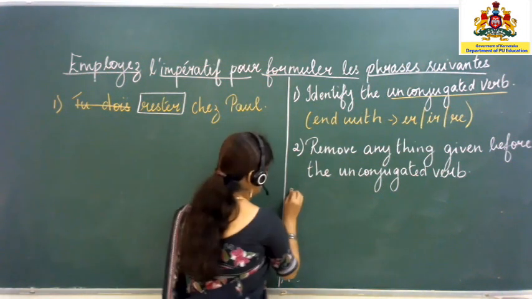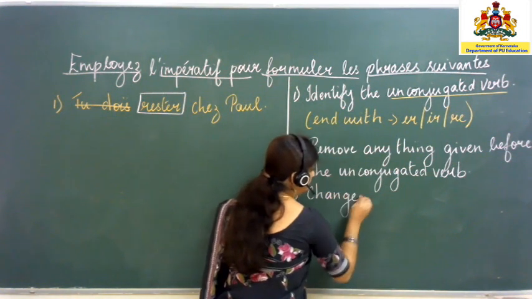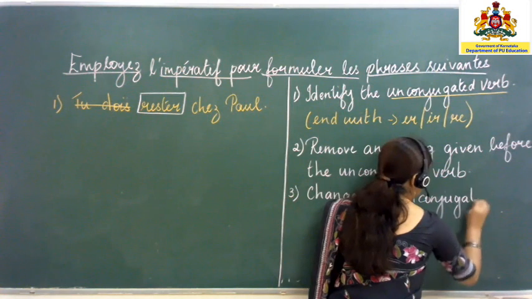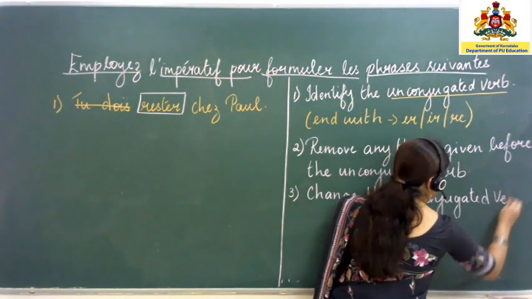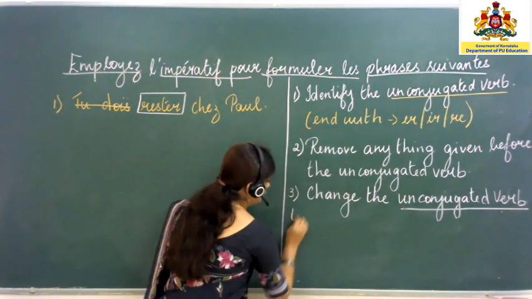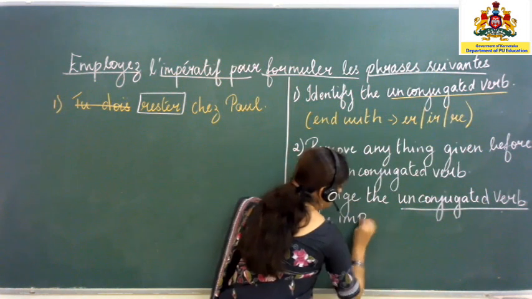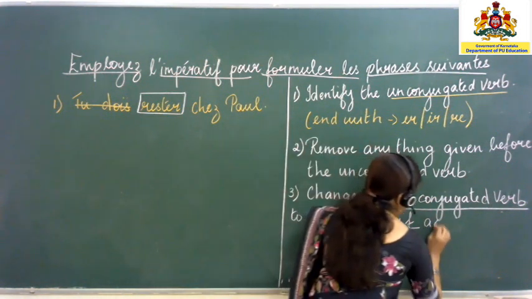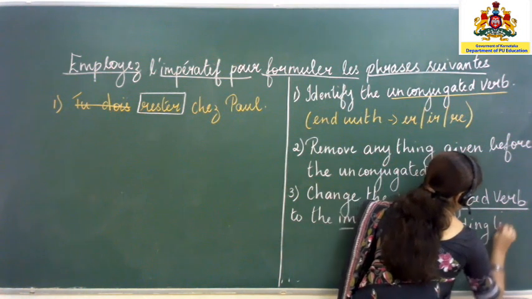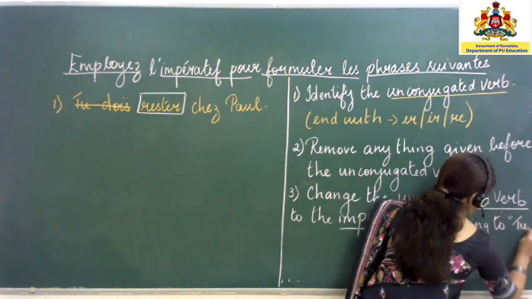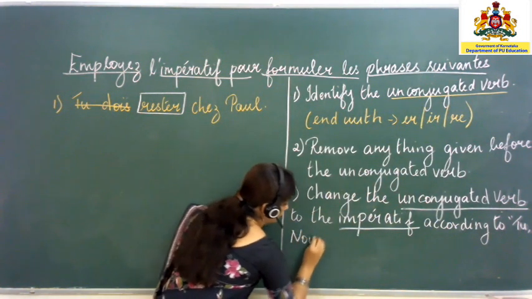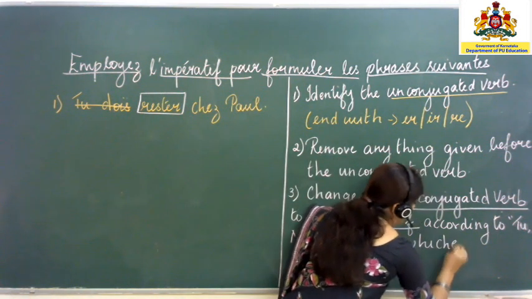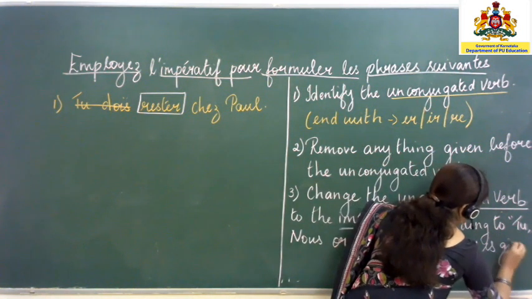Now, the third point says change the unconjugated verb to the imperative, according to nous or vous, whichever is given.